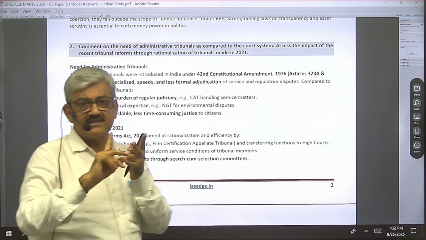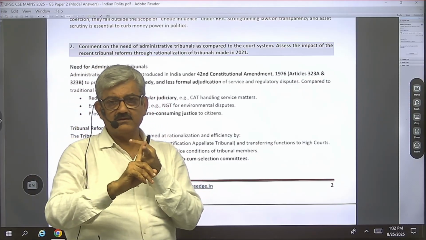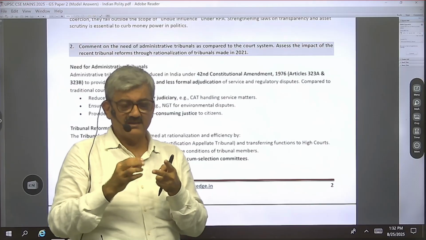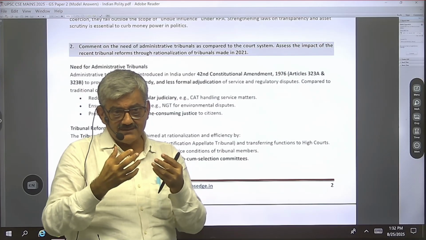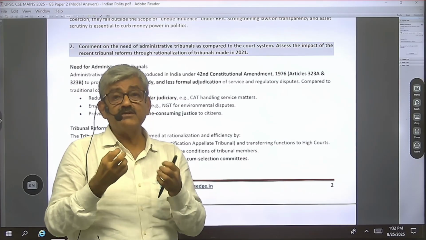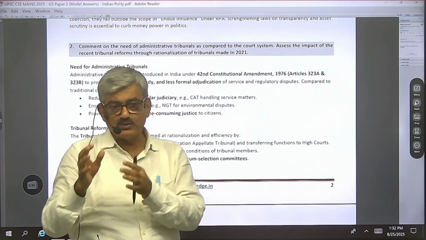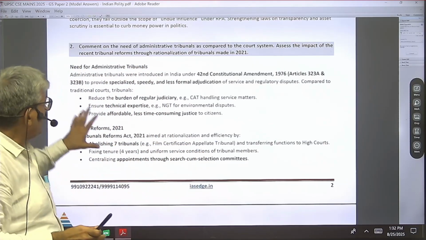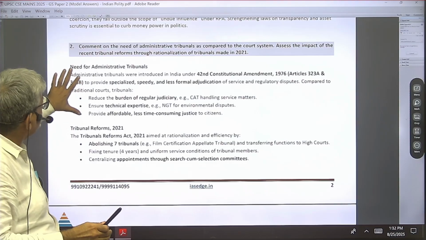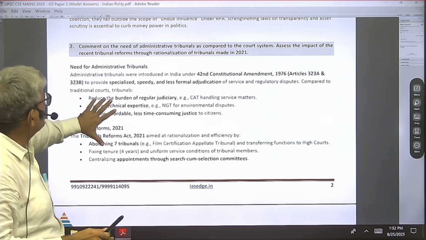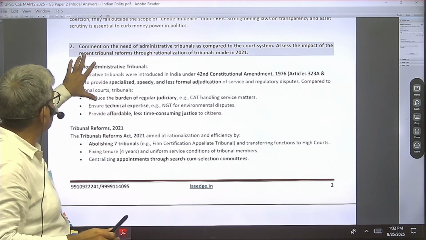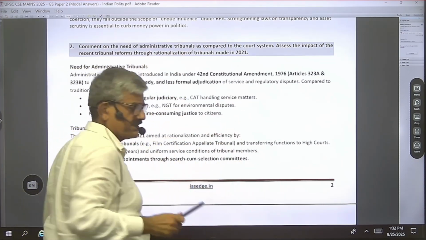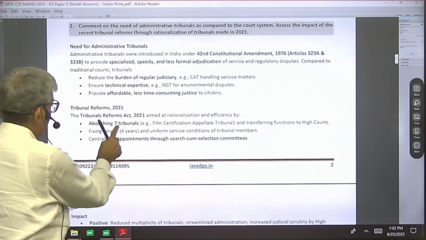Administrative tribunals are basically to offload the mainstream judiciary, the high courts and Supreme Court, so that administrative issues are handled by a judiciary and experts of proven administrative merit. So these are the points to be discussed in the answer, and the need for administrative tribunals as compared to the court system.